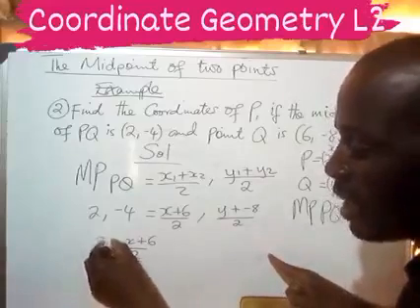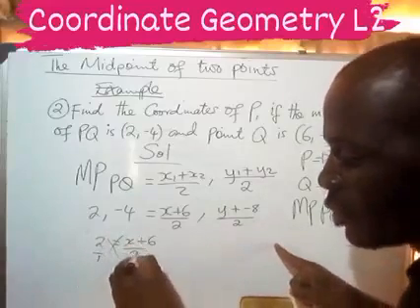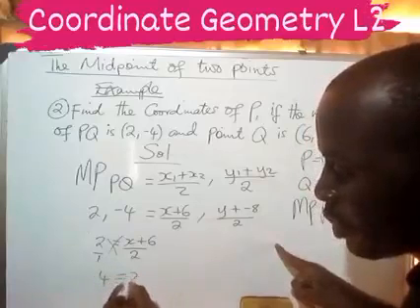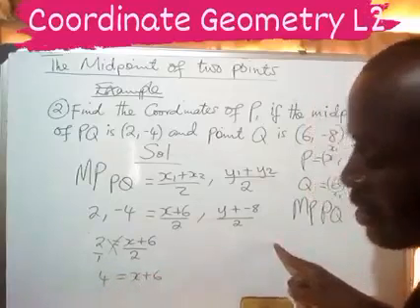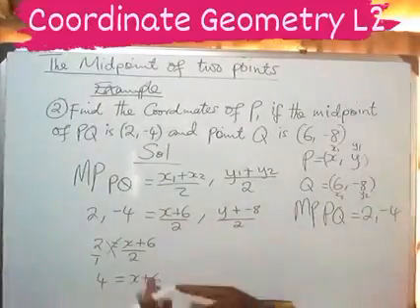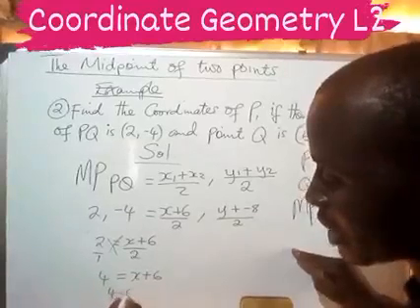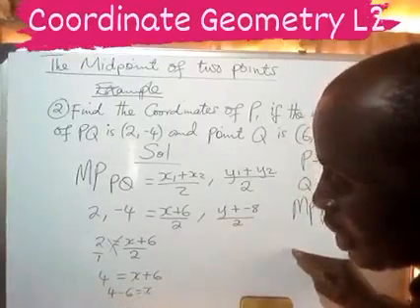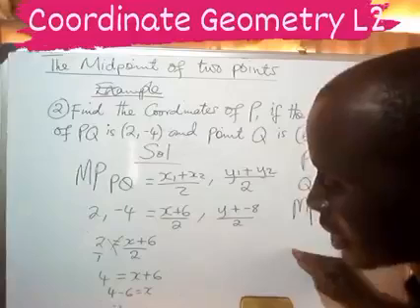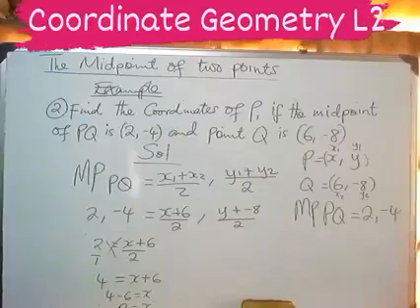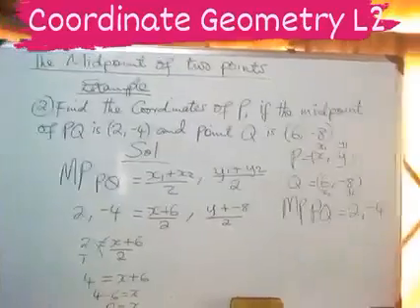If we cross multiply, we are going to have 4 is equal to x plus 6. We group like terms together, meaning this 6 will go to the other side. So it will be 4 minus 6 is equal to x. Therefore, negative 2 is the value of x.